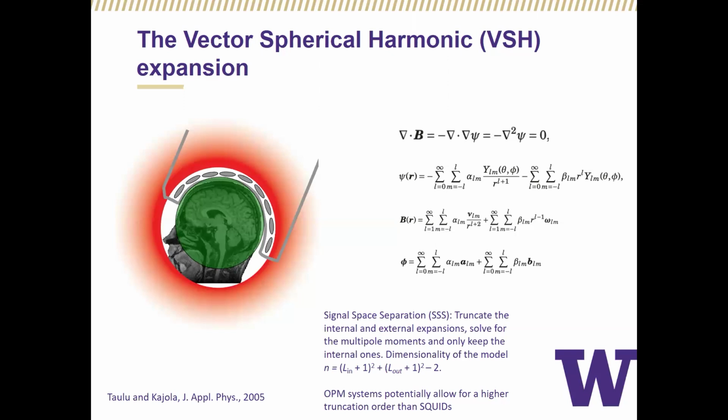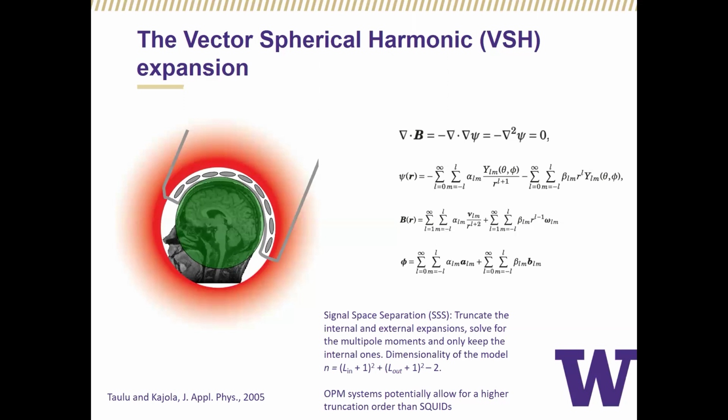That's expressed by the first expansion that decays inversely proportionally to the L+1 power of the distance from the origin. And then we have this other part of the expansion that converges to zero at the origin, and that is the part that is the external interference in the red volume.